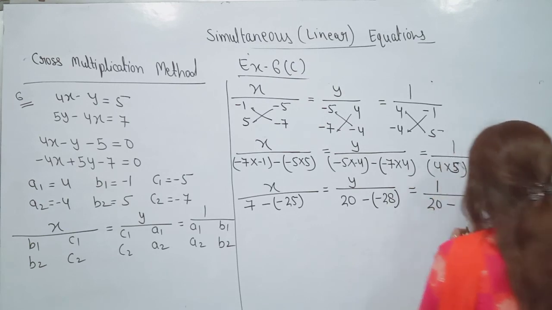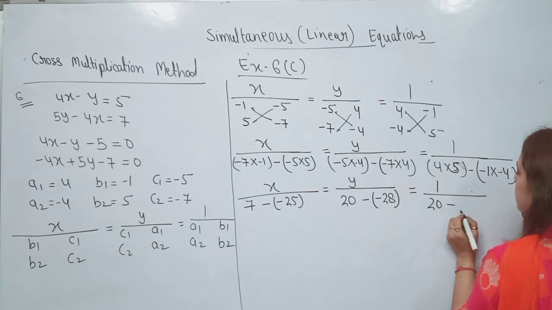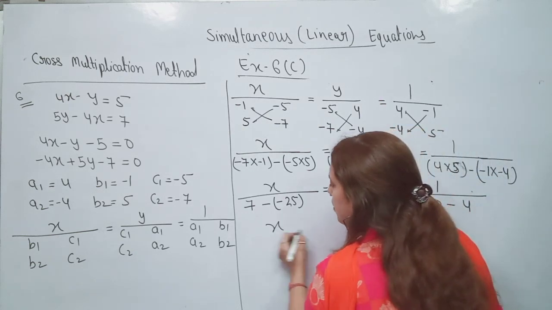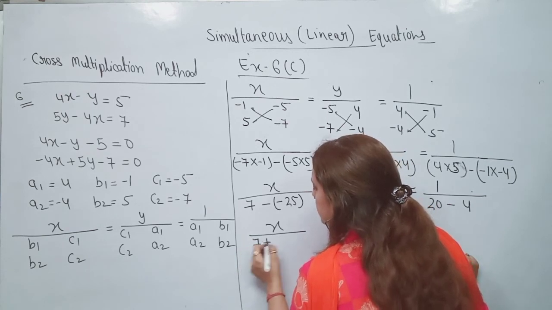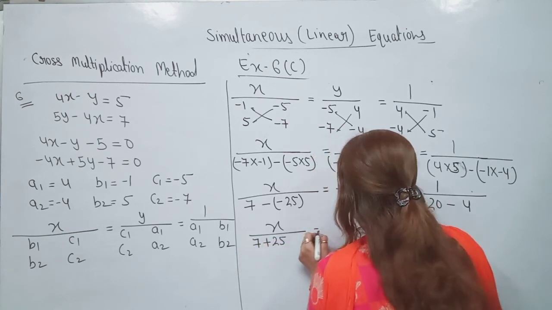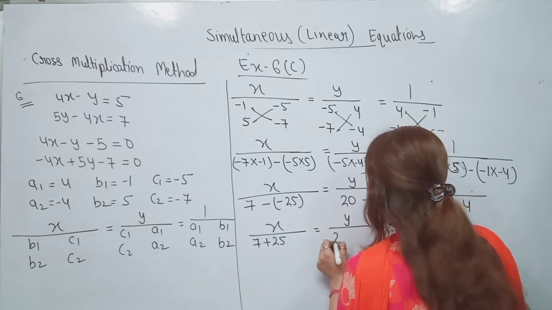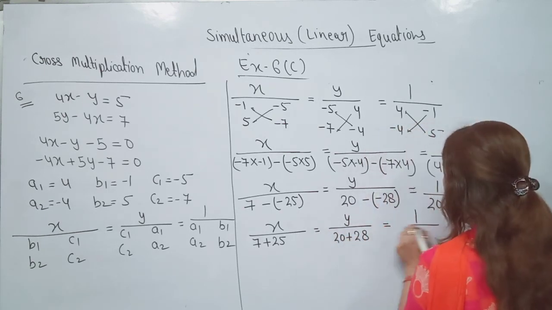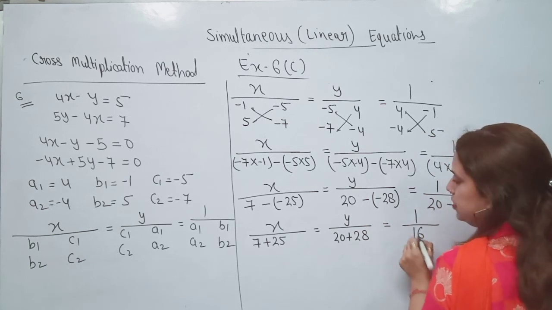Is equal to 1 upon 4 into 5, 20, minus, plus 20 minus 4. It will be x upon 7 plus 25 is equal to y upon 20 plus 28 is equal to 1 upon 20 minus 4, 16.